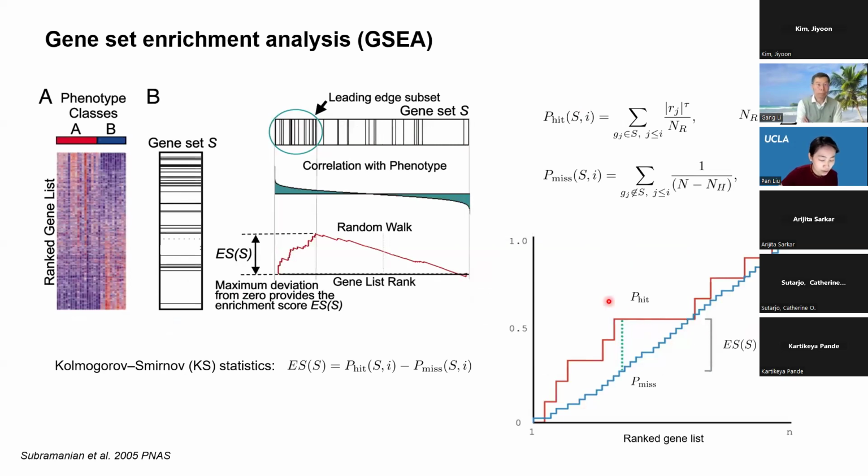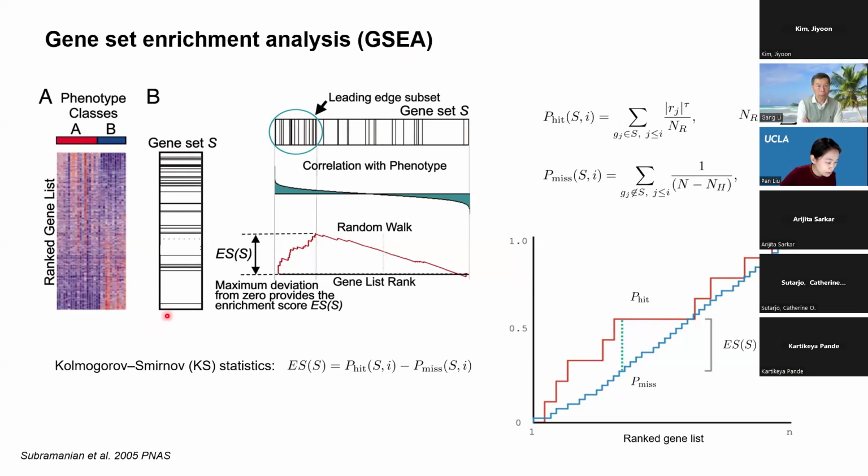And it also somehow tells you how GSEA would work. So if we are interested in a gene set, like the red points in the previous slides, if we are interested in this gene set S, then we first rank the genes based on their correlation with these two phenotypes, A and B. We rank them. And then we want to see how the set of genes are distributed along this ranked list.